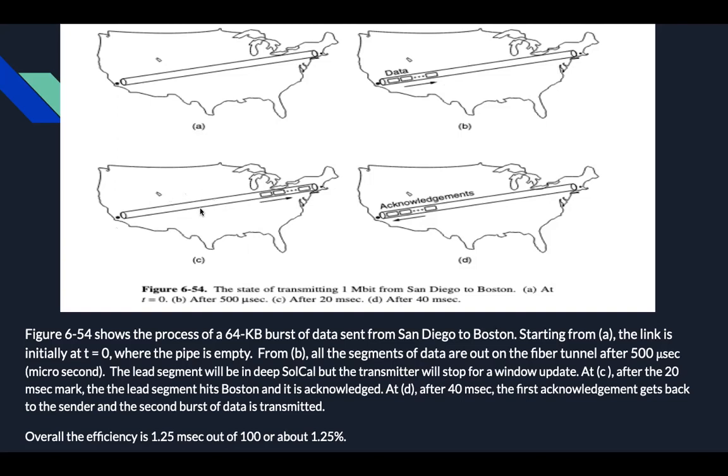The lead segment hits Boston and is acknowledged. And then finally at point D, after 40 milliseconds, the first acknowledgement gets back to the sender, and the second burst of data is transmitted. So overall, the efficiency is 1.25 milliseconds out of 100, or about 1.25%.